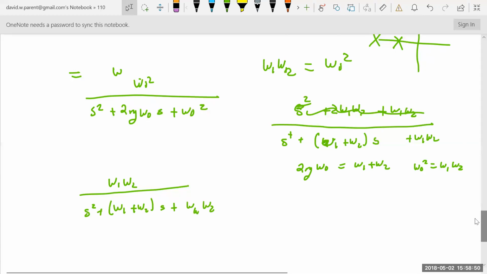Right? But if I replace this with s squared, it's going to be high pass. If I replace this with some number times s, that'll be band pass, and otherwise it's low pass.